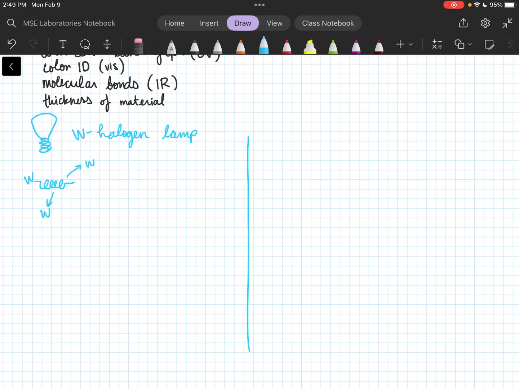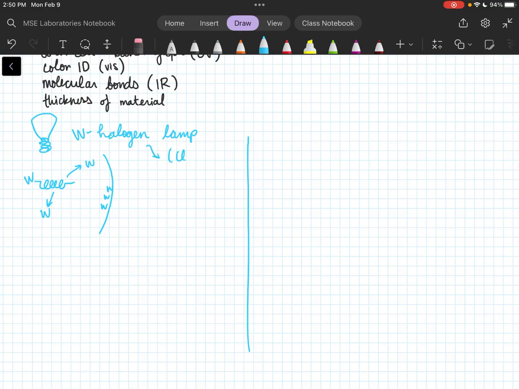This is why light bulbs burn out eventually, is we get these tungsten atoms flying off, and they deposit themselves on the inside of the lamp. So we end up with this layer of tungsten. Halogens are things on the periodic table like chlorine, bromine, that whole column of things.